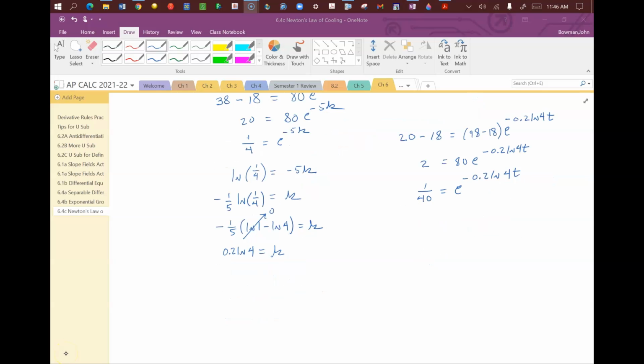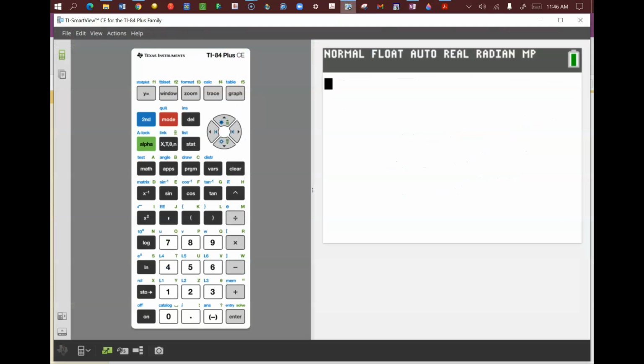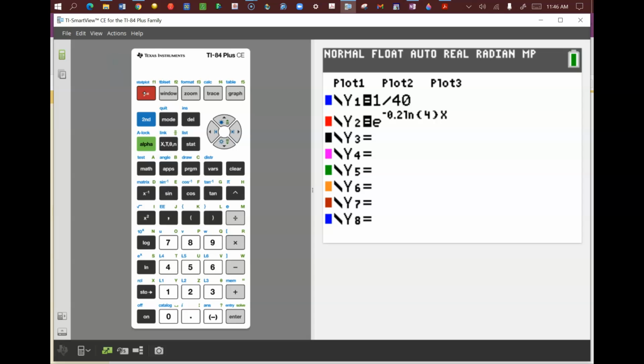At this point, we're going to turn to the calculator to help us solve this equation. We could use either of these two equations to solve. I picked the second one because I wanted to illustrate something that can happen, even though we can see it with the first. So I put the left side of the equation in and the right side, and I'm going to start with a Zoom Standard.